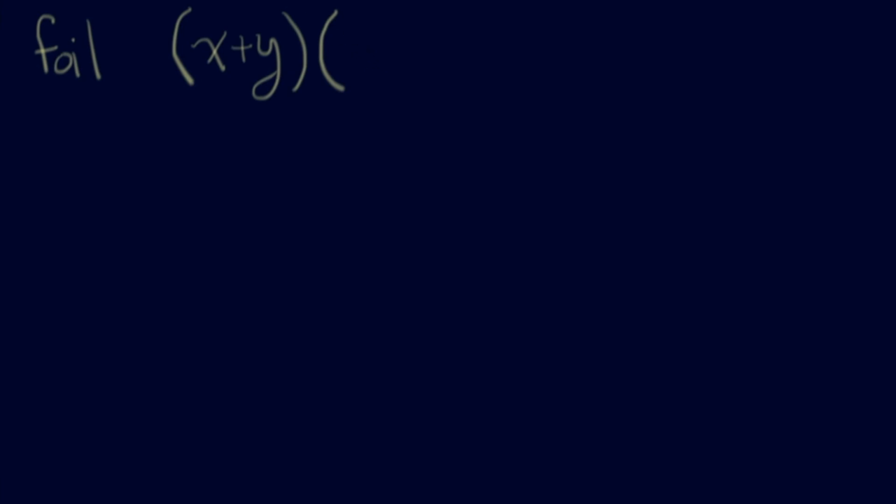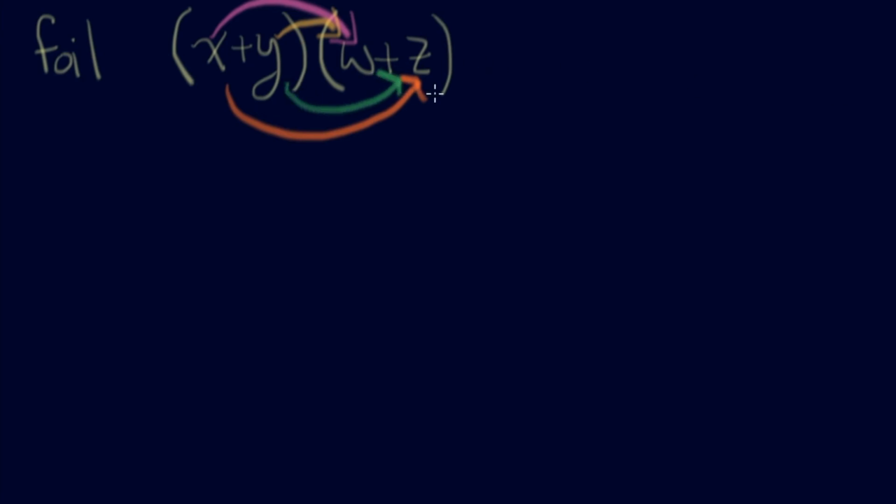And actually, let's take a look at, I guess I'll do this one. So w plus z. So what happens here? So first, outside, inside, last. That's what it stands for. So the first terms multiply together, the outside terms multiply together, the inside terms, and then lastly, the last terms multiply together.